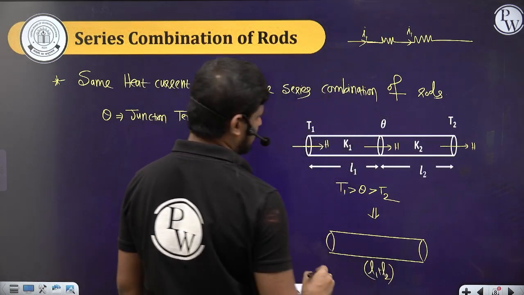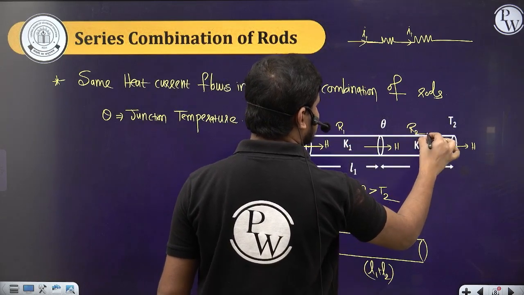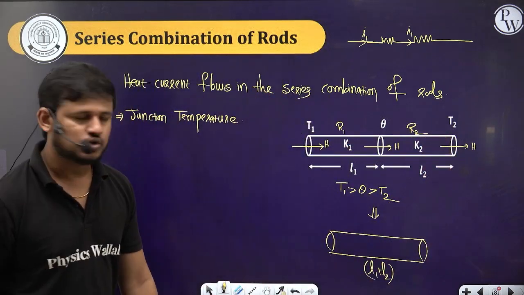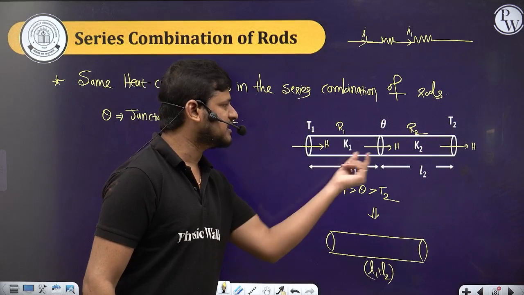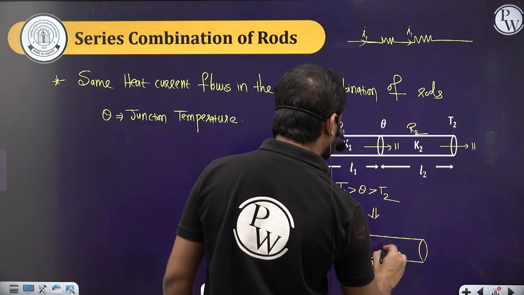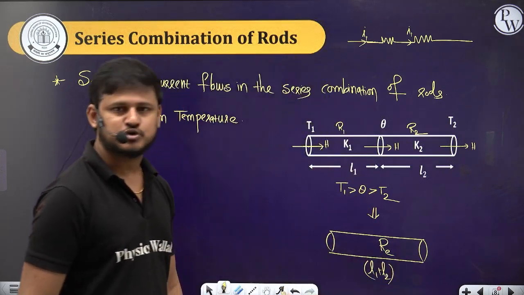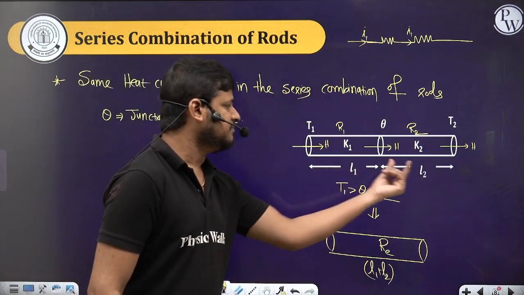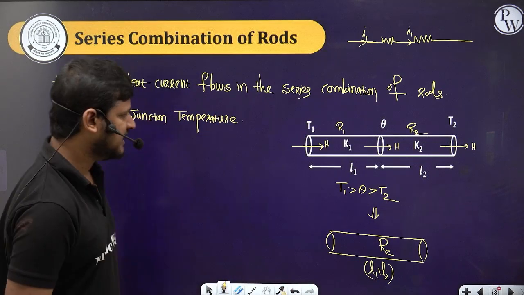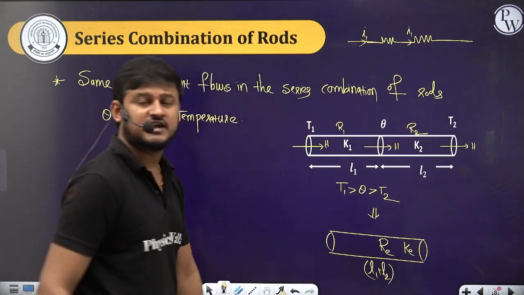This has thermal resistance R1 and this has thermal resistance R2, because their lengths and thermal conductivities are different. Let R equivalent be the thermal resistance of the composite rod, with total length L1 plus L2, and K equivalent the equivalent thermal conductivity.